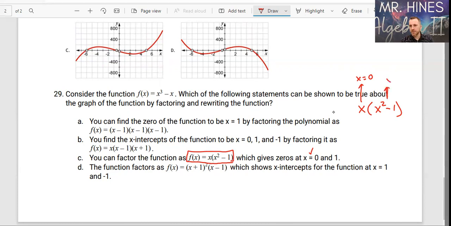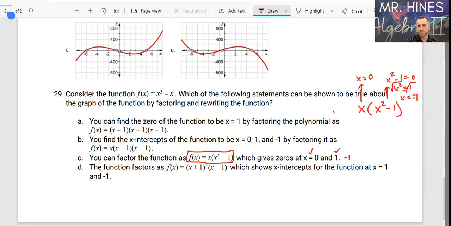And what do we get from this one? x squared minus 1 equals 0. That means x squared equals 1. Square root of both sides, and we get x equals what? What's the square root of 1? It's 1. So is this correct? Almost. You get plus or minus 1 as your solutions for that. So 1, yes, but also we need negative 1.